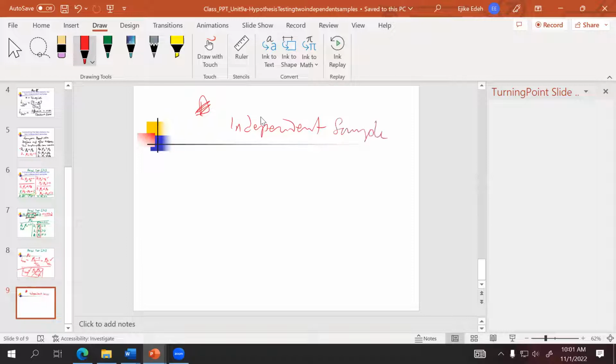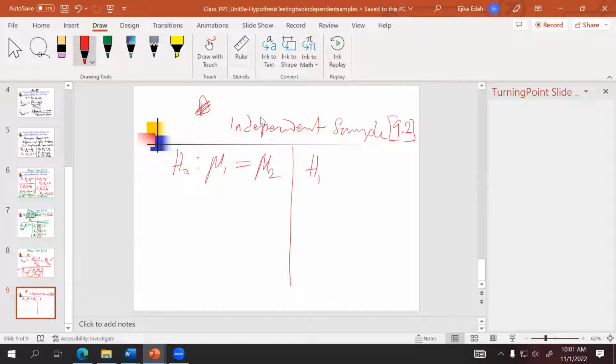If I'm dealing with independent samples, such that the data are not related, then my null hypothesis will still be stated the same way as the paired case. Let's say I have data of group 1 and I'm comparing that to data of group 2. There are three things I could do on the alternative hypothesis.